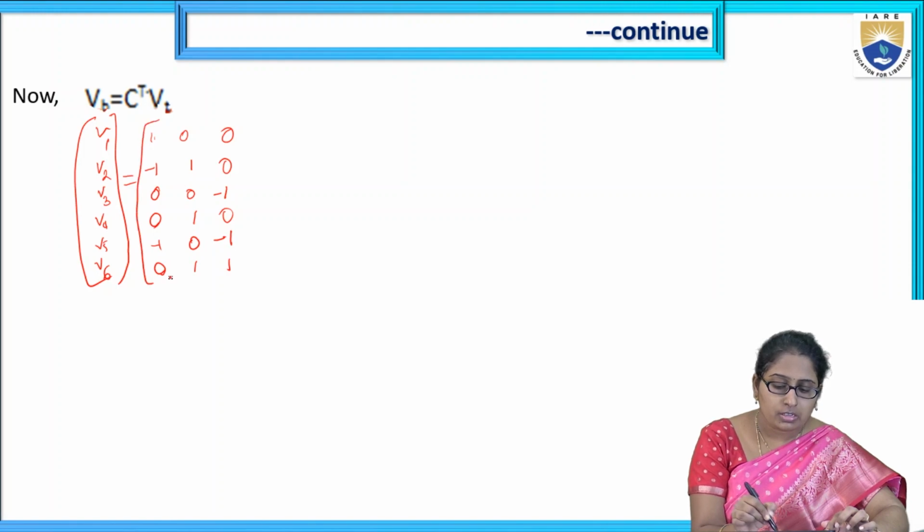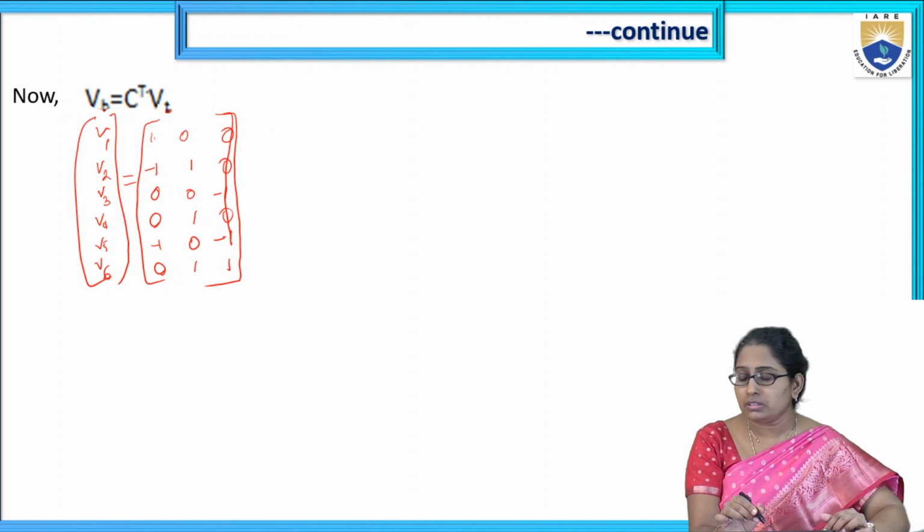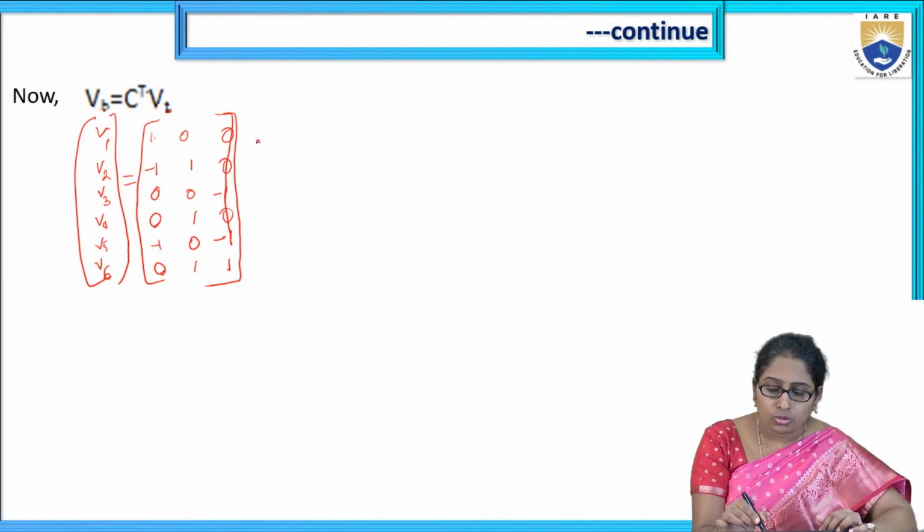That is the C transpose. Next, tree branch voltages. We have the tree with branches 1, 3, 4, so VT1, VT3, VT4.